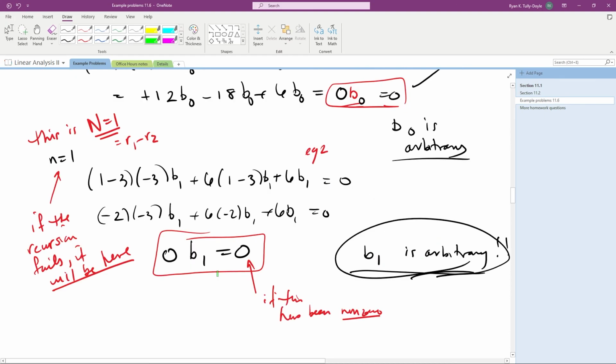When we checked the other problem, we ended up with an equation that was consistent because 0 times b1 was equal to 0. So the actual recursion did not involve a non-zero earlier term. And that means that here we could select b1 to be anything that we wanted, which is why that carried through with the Frobenius series method, even if some of the terms stopped after a finite number of entries.